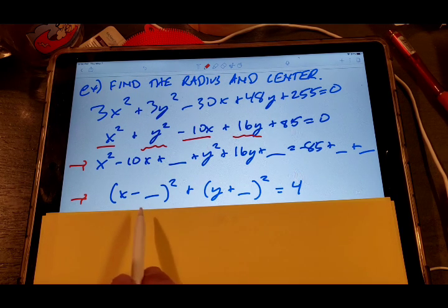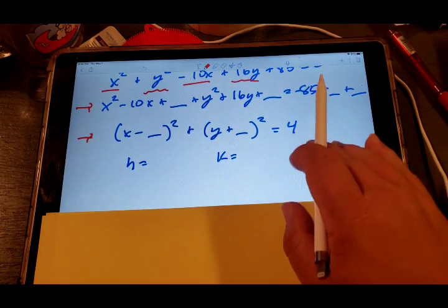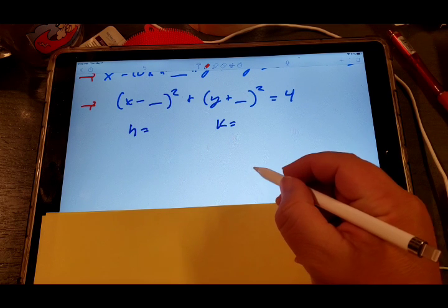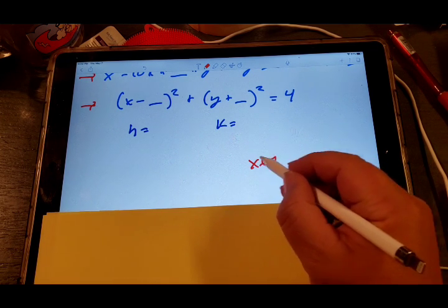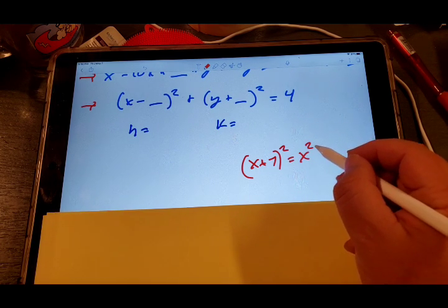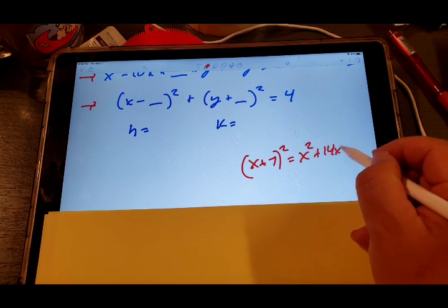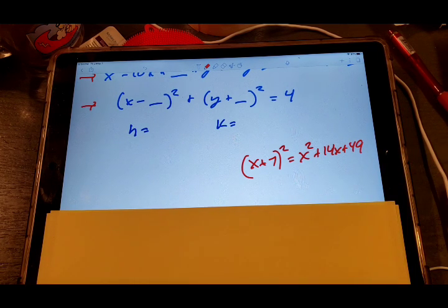Remember, when you have a perfect square, there's a certain pattern to it. When you square something, let me write that in a space I have here. Let's say x plus 7, squared. We know that's going to be x squared plus 14x plus 49. How do we know that? Well, there are patterns to this.